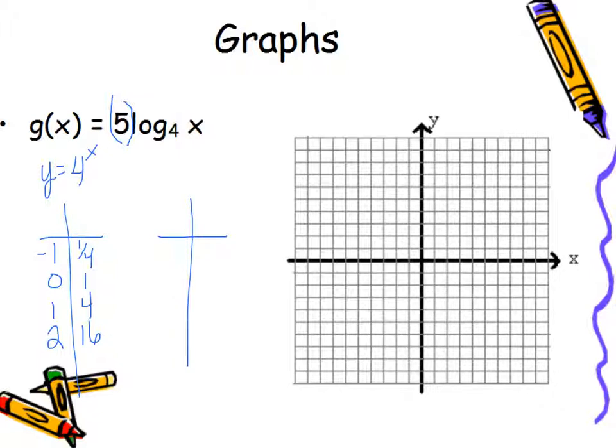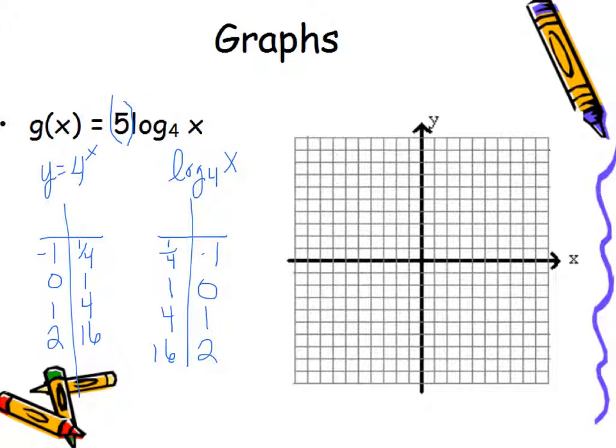Now, if I want to graph the logarithm, so this is log base 4 of x, not worried about the 5 yet, just log base 4. Well, all that is the flip-flop of the 4 to the x. So instead of a negative 1, 1/4, I'll put my 1/4, then my negative 1. And change my 0, 1 to a 1, 0. And so you just switch all of the x's and y's.